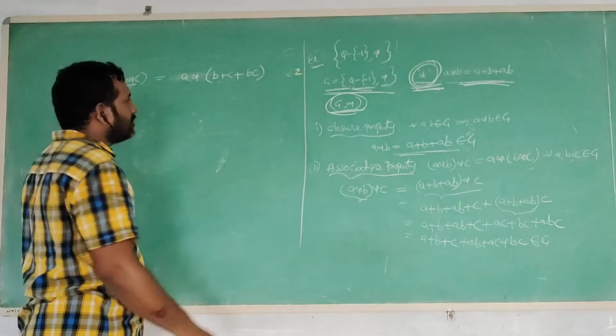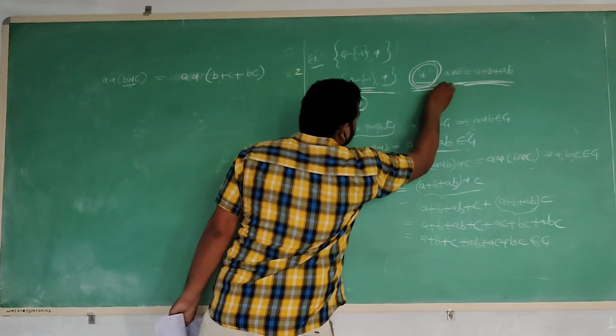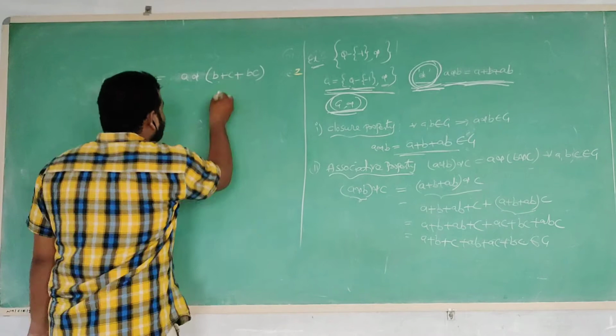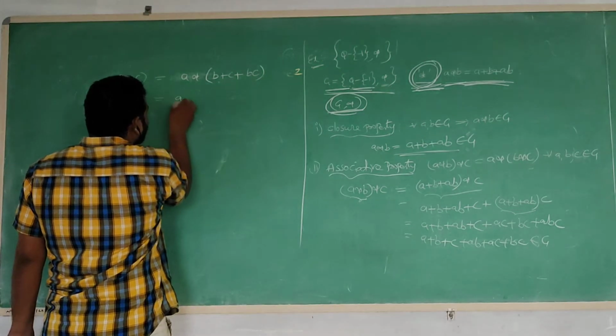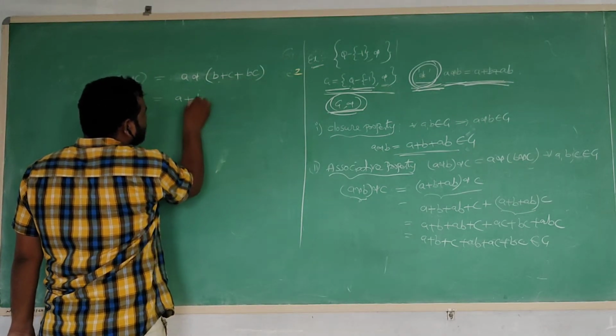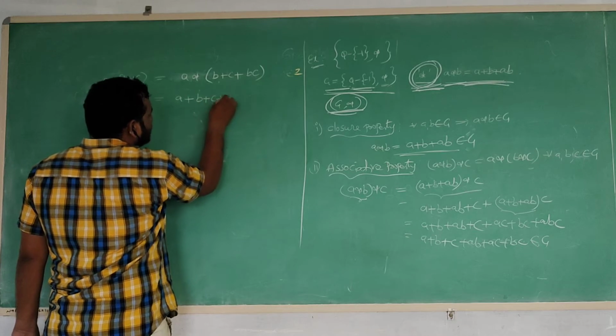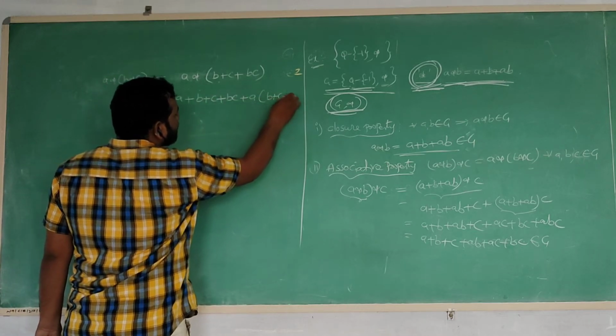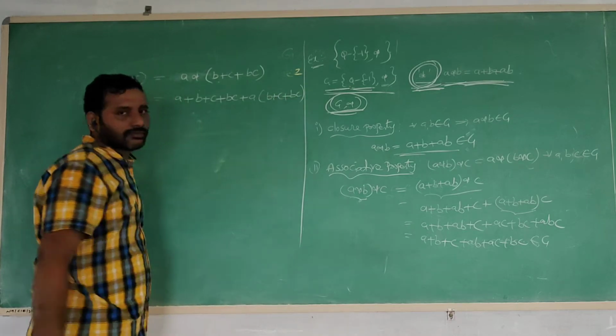Again I am using the operation a star b equals a plus b plus ab. Then I am writing a plus (b plus c plus bc) plus a into (b plus c plus bc).